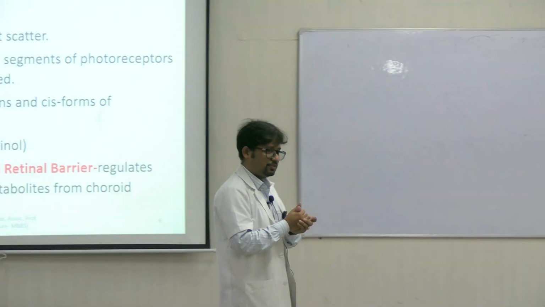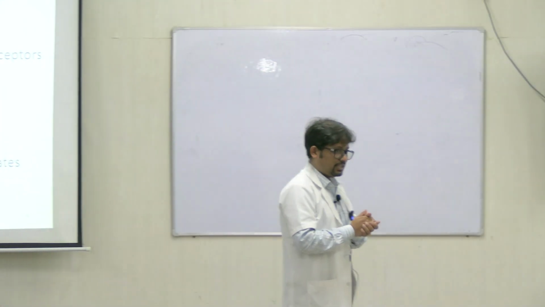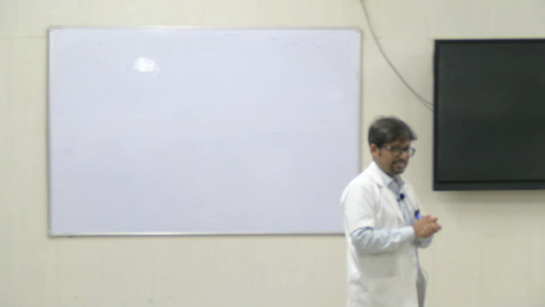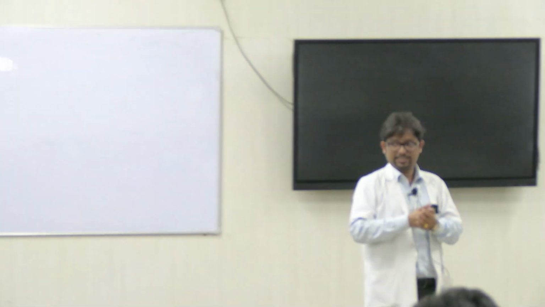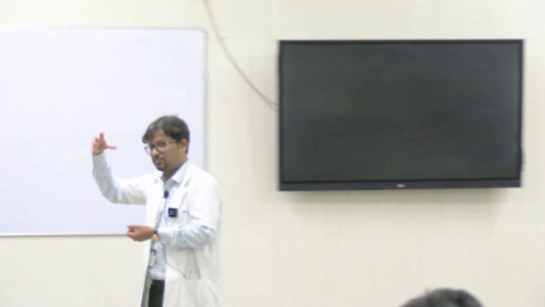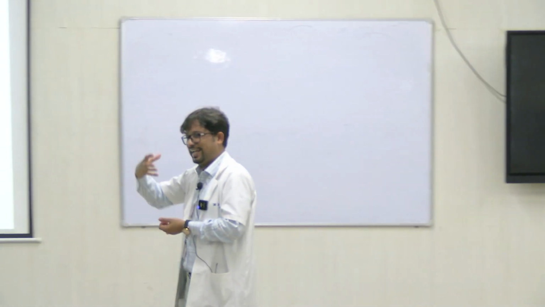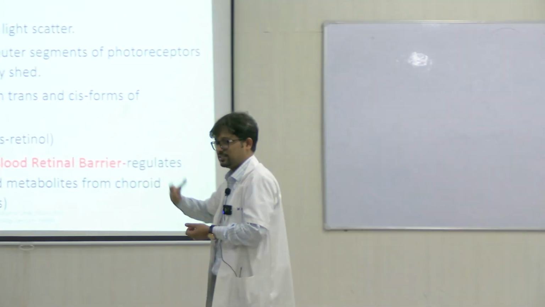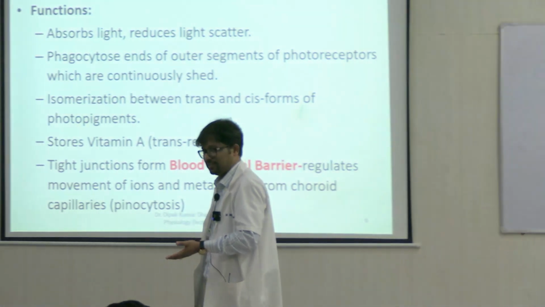At night, if you look through spectacles, you can actually feel this. Sometimes light sources, whether a room bulb or a tube light, give a very hazy and disturbing appearance. This is what we refer to as glare.